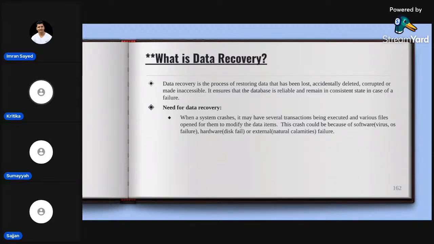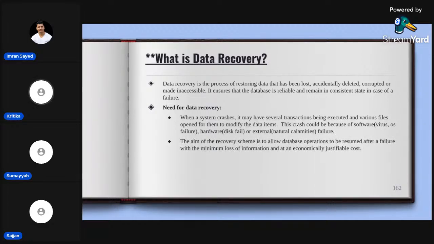This crash could be because of software, virus, OS failure, hardware, disk failure, or external natural calamities. The aim of a recovery scheme is to allow database operations to be resumed after a failure with the minimum loss of information and at an economically justifiable cost.